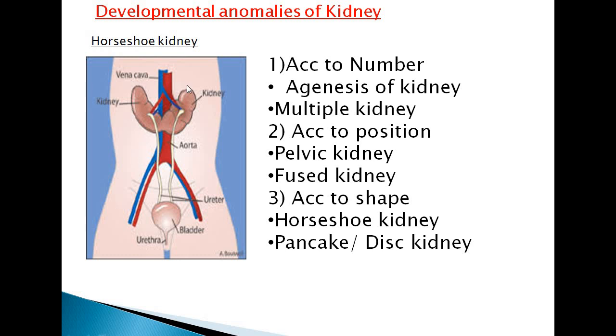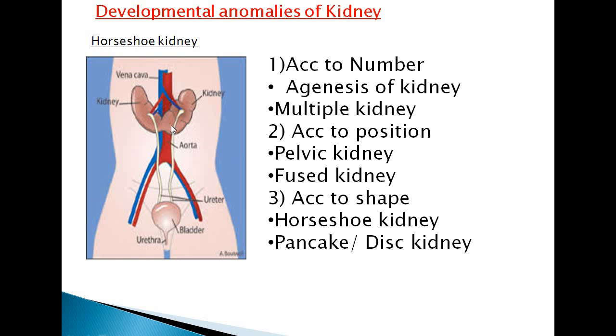Developmental anomalies of the kidney. According to number, there may be complete agenesis of the kidney, or there may be multiple kidneys. According to position, as the kidney first develops in the pelvic region and then ascends up to the lumbar region, if it fails to ascend, there will be a pelvic kidney and a fused kidney.